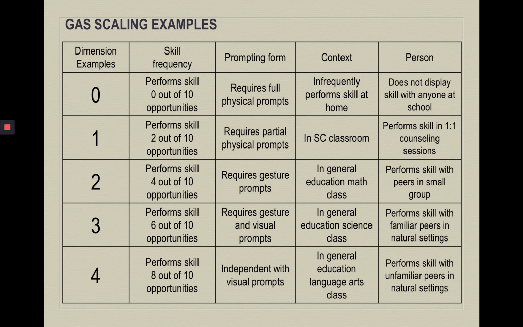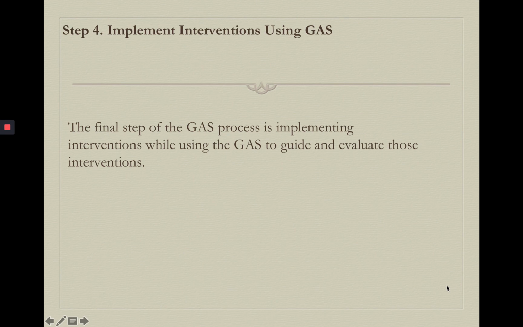Once he masters that, we're going to teach him to do it with his peers in a small group. And then eventually get to his final objective, which is performing with peers in a natural setting. And then the cherry on top, if he exceeds that goal, is that he's doing it with unfamiliar peers in the natural setting.